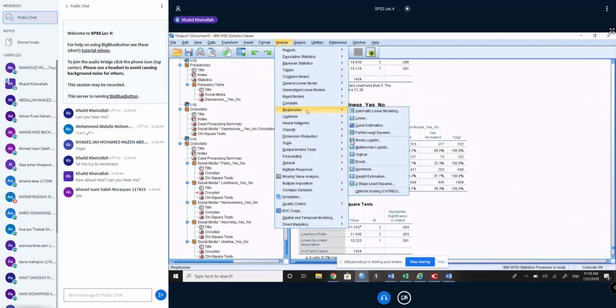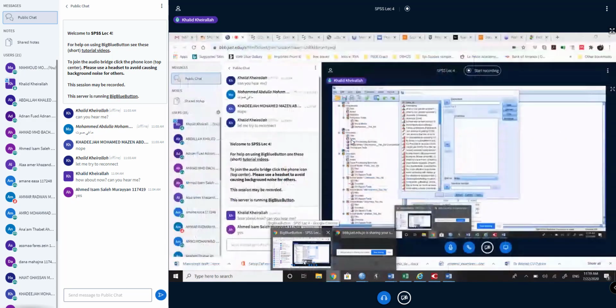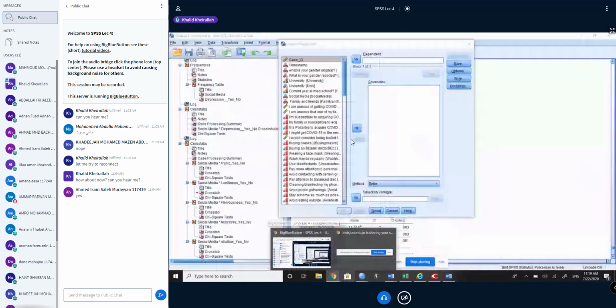So I want to go to regression, and within regression, I want to hit binary logistic regression. Now, can you find binary logistic regression under regression? You do, just click on it. Okay. Let's see if you can find it.